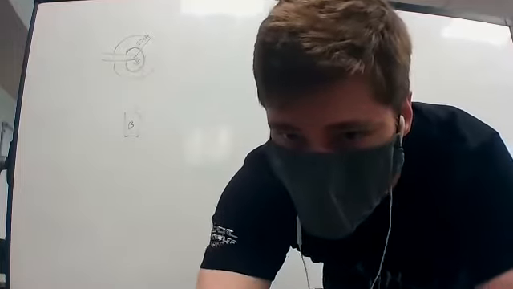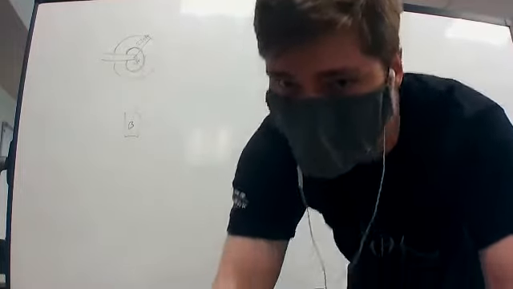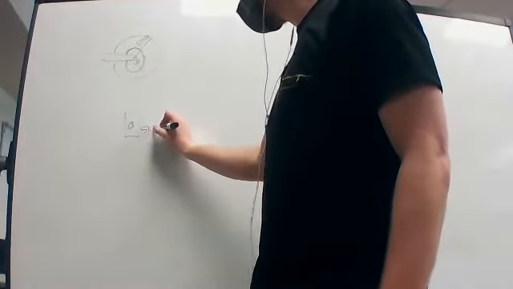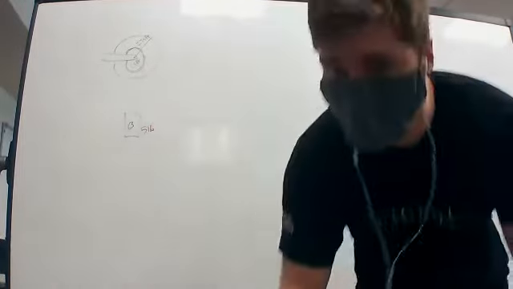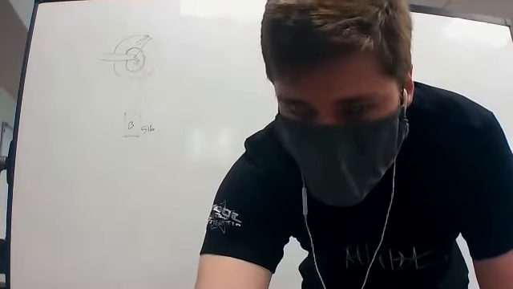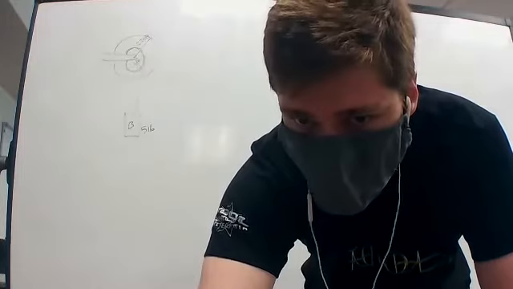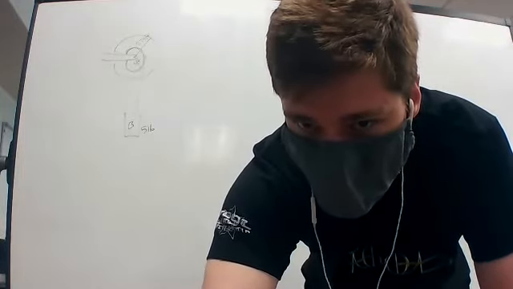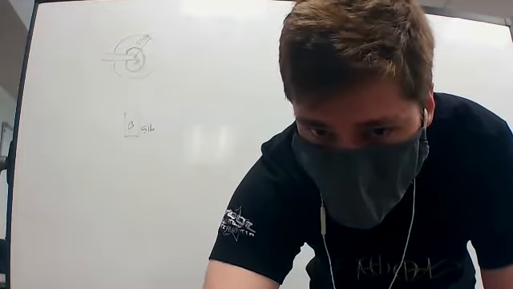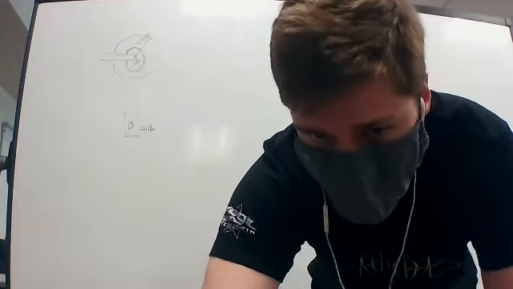We are given that the block weighs 5 pounds. The whole thing starts from rest, and we are asked to determine the acceleration of block B and the tension in the cord. Yeah, that's what we're asked.